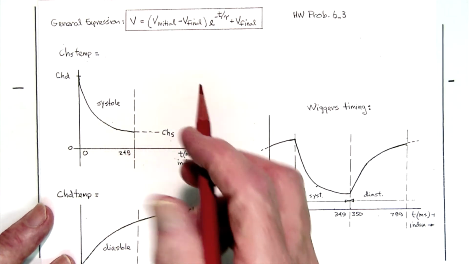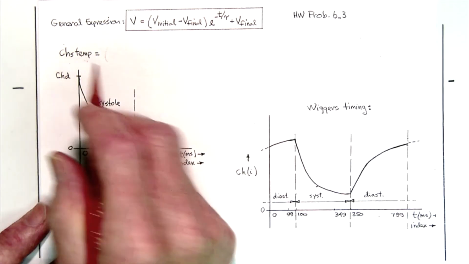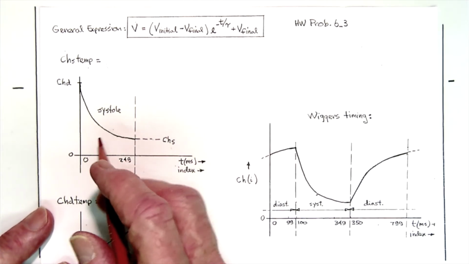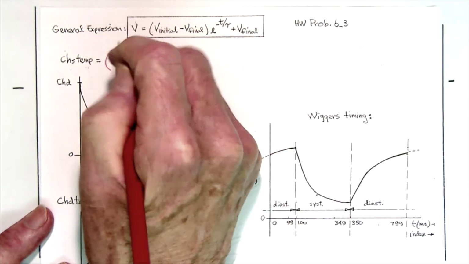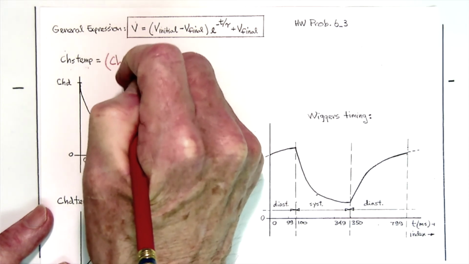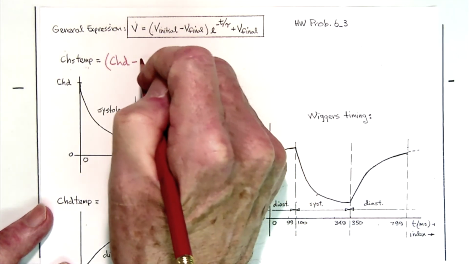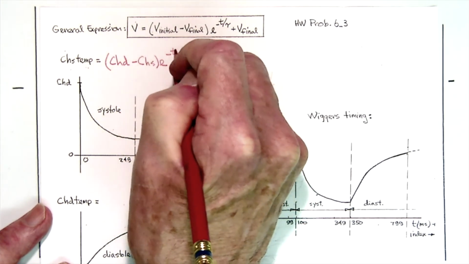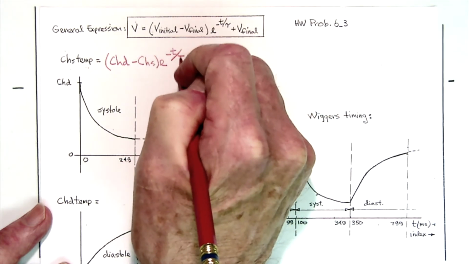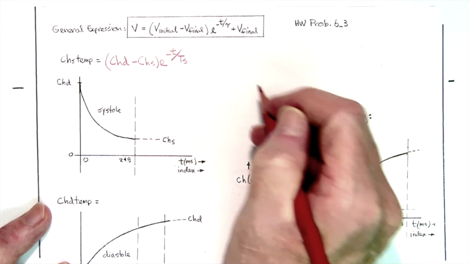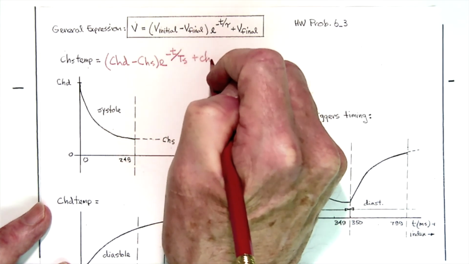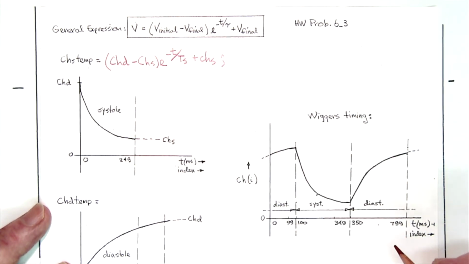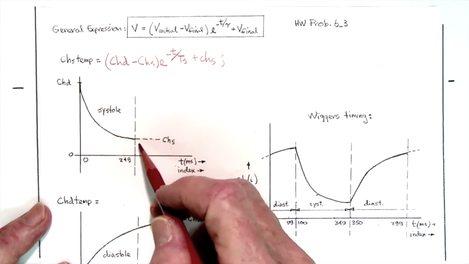So using that, we can write the fact that CH temp, which is going to be this curve right here temporarily, following the general expression up here at the top, is given by the initial value, which is CHD, minus the final value, which is CHS, times e to the minus t over the time constant, which we're calling capital T sub s, plus CHS. And that gives us an expression that we can put into MATLAB that will generate this curve right here.